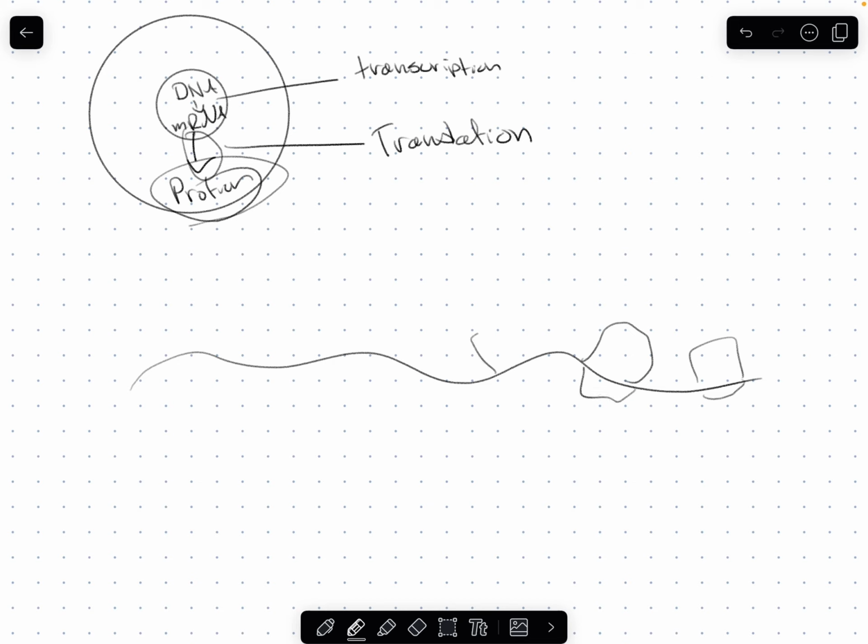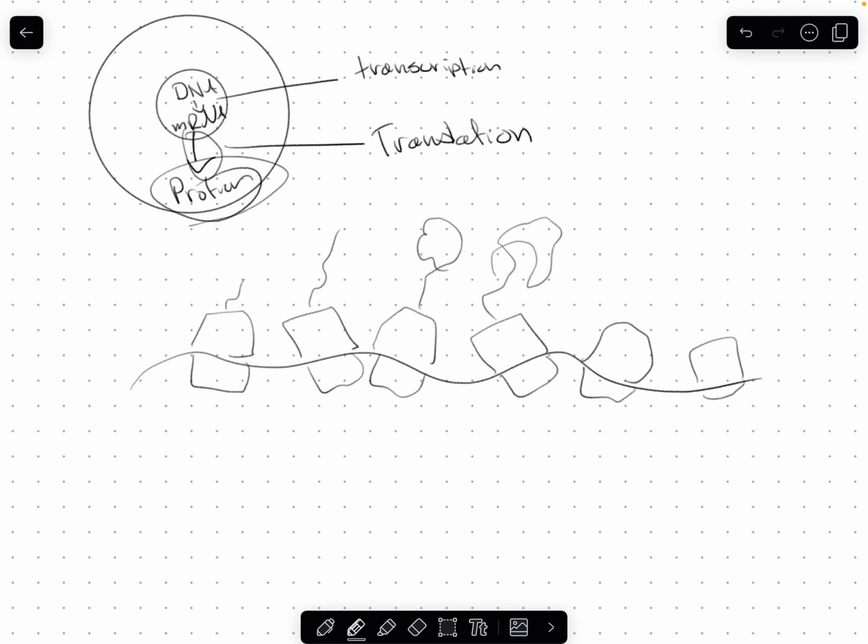And as they start moving down the chain, so they'll start at one end and then they'll go to the other end, it's going to keep growing. This is your polypeptide chain.